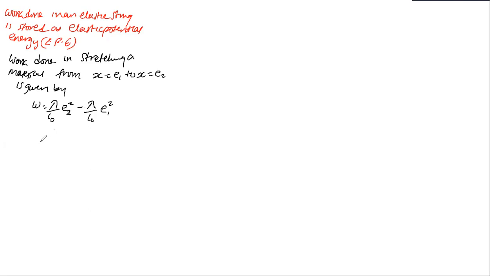This will give us lambda over L naught times e2 squared minus e1 squared.